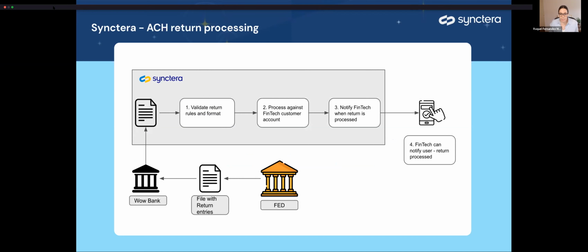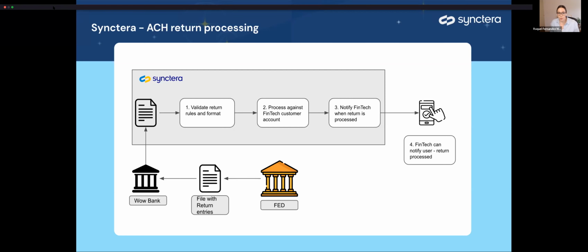The process in this case starts with the Fed. The Fed is going to reroute the files to the bank, and those files are going to have those returns in them. Then those files come to the bank, and the bank is going to drop those files for us to process for the fintechs.